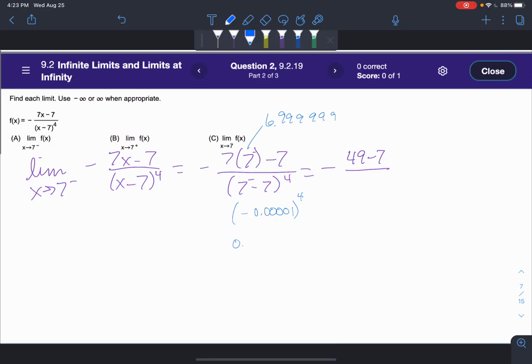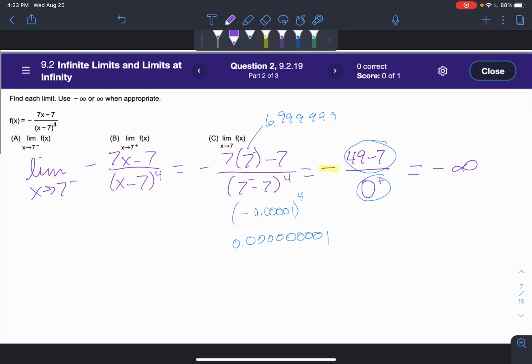So it's a really, really small positive number. That's why we do 0 plus. And so a positive number divided by a small positive number will give us positive infinity. But let's remember our original function has a negative. So here our answer will be negative infinity.